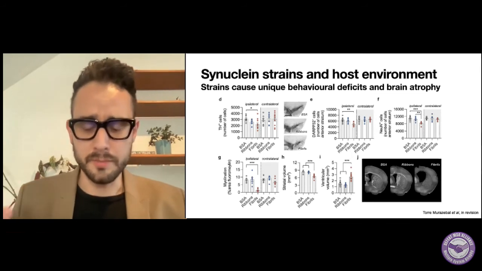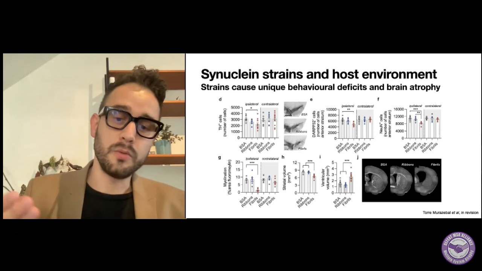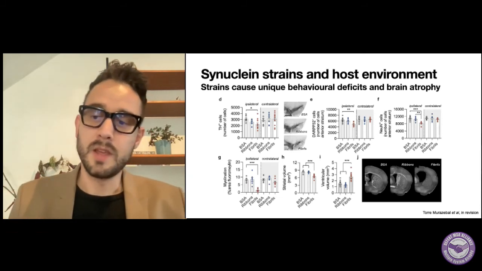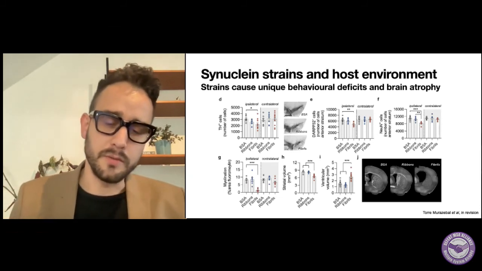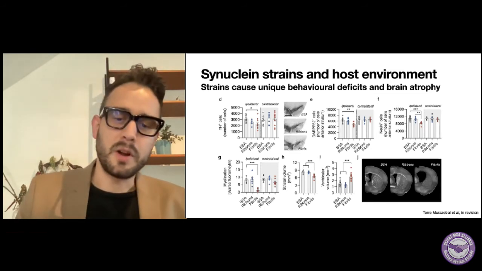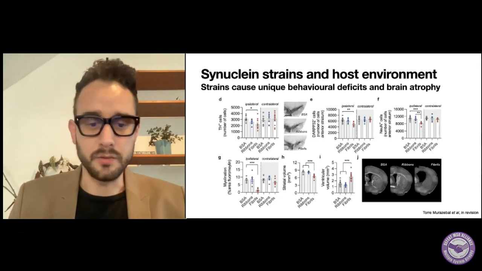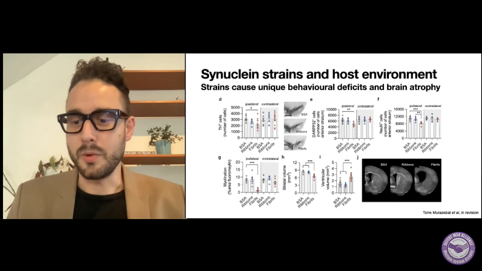And that's another important feature of multiple system atrophy, because this only happens in MSA. This is also the reason why, for instance, levodopa is not as effective in MSA, whereas in Parkinson's disease, these types of cells actually do survive. And also here, these are just more quantifications.